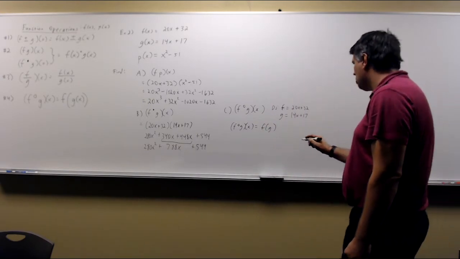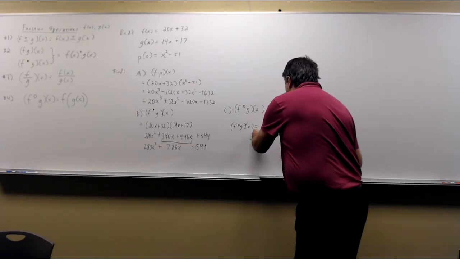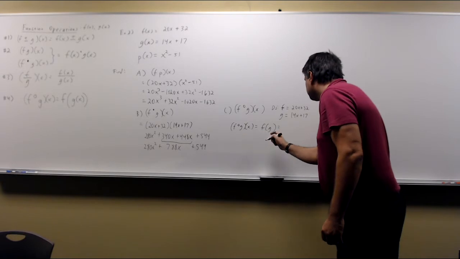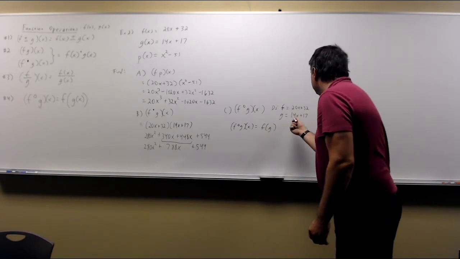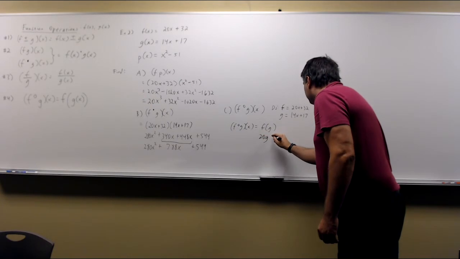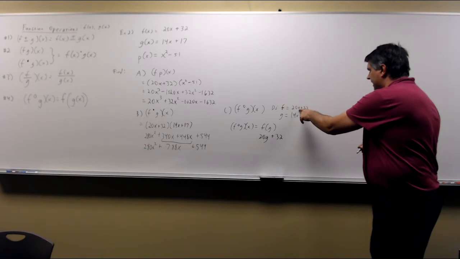Okay? Which would give me, so f of g is, I'm going to plug g into f, so that'd be 20g plus 32. Okay, I plug g into f.